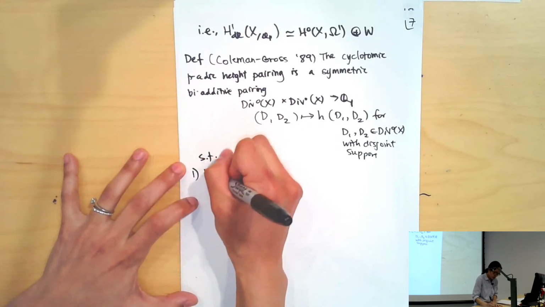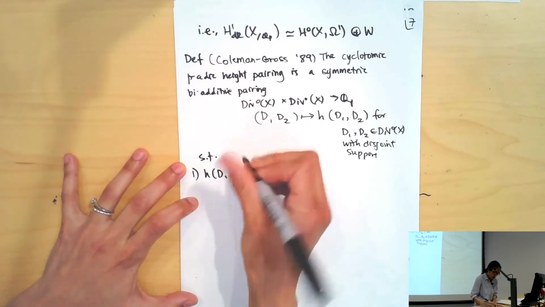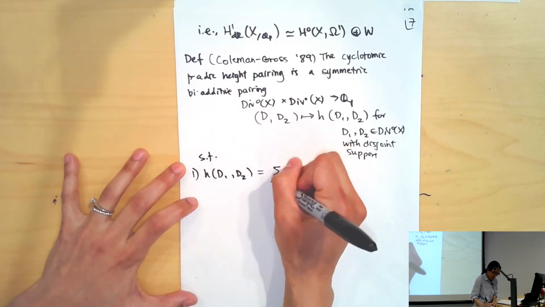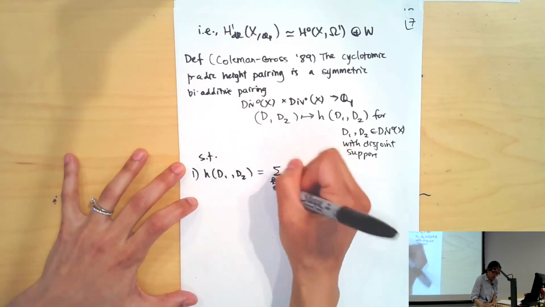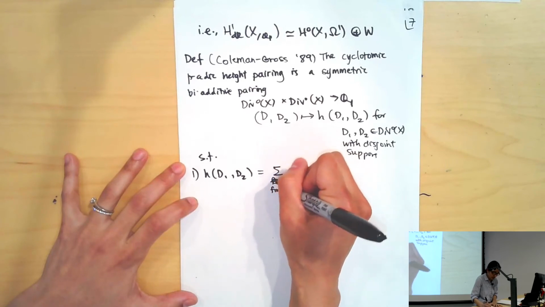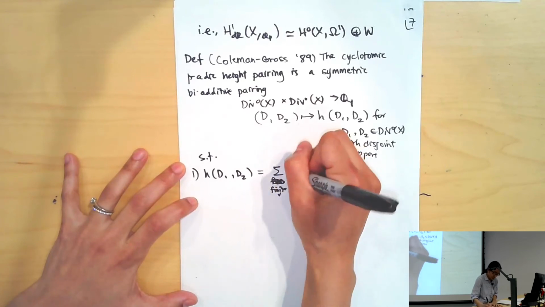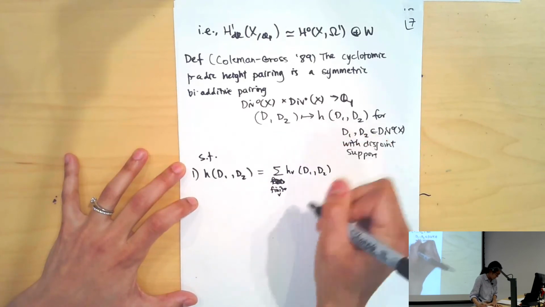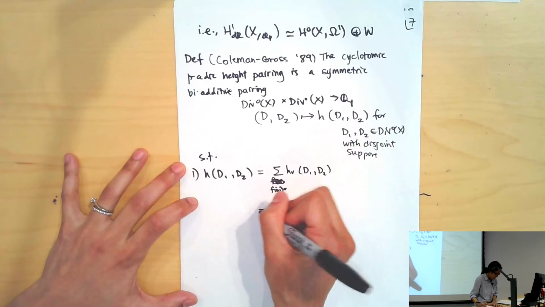So this global height on divisors is a sum over all finite primes. It turns out that it will also be a finite sum, because many of these terms will be 0, but maybe that's later.